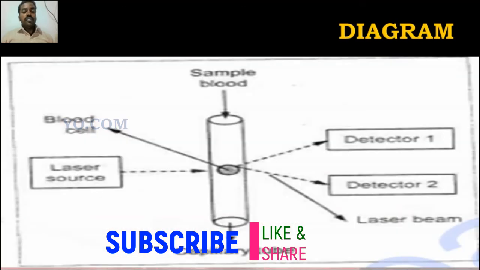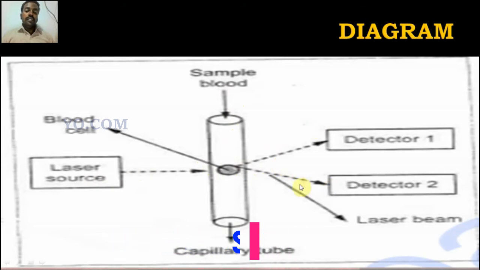So this is a setup diagram. This is our small capillary tube. Inside the tube we fill the diluted blood. This is a laser source, and it generates the laser light. The laser light passes through the capillary tube, and some amount of light is scattered at different angles.